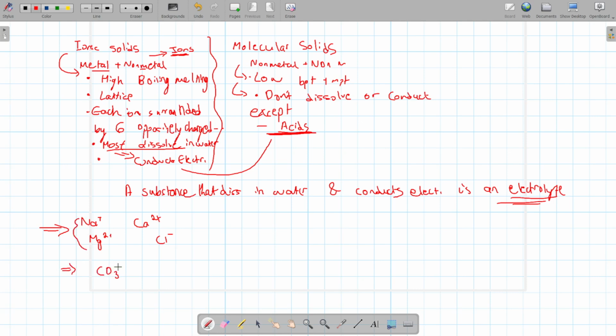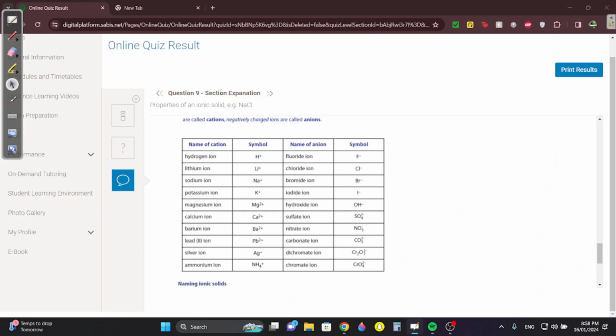So you could say CO3. This is a molecule. Actually it's CO3 2-, and NO3-. So why is this important? This table, you have to memorize. But most of them you can get from the periodic table.